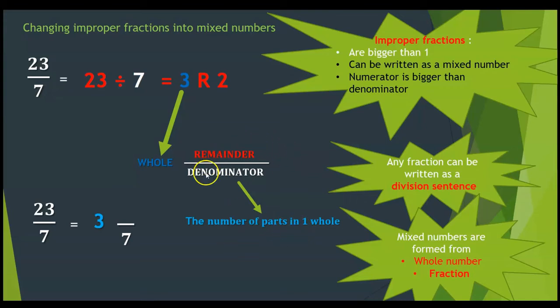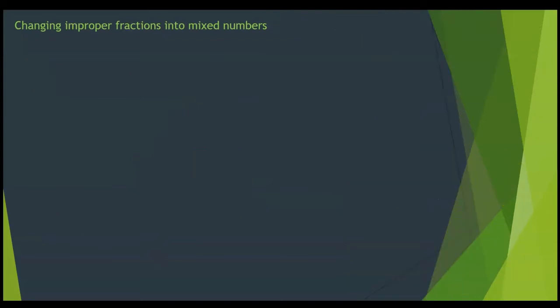Now, what about the number up, or the numerator? I will write the remainder, which is number 2. So now, 23 over 7 as a mixed number will be 3 and 2 sevenths. Is this clear?